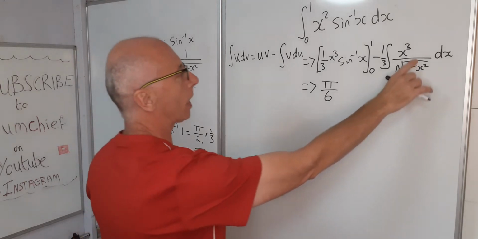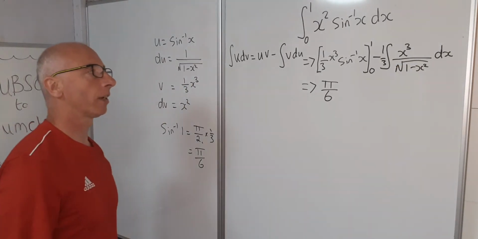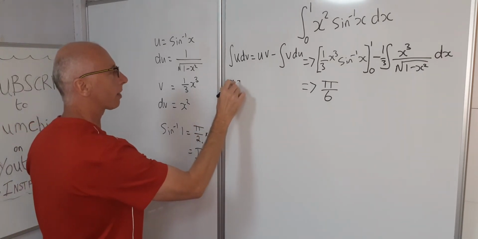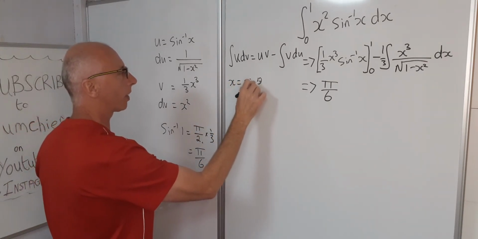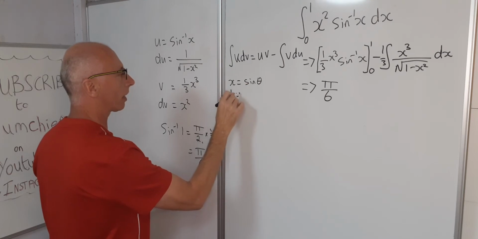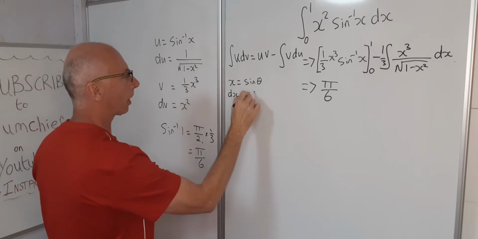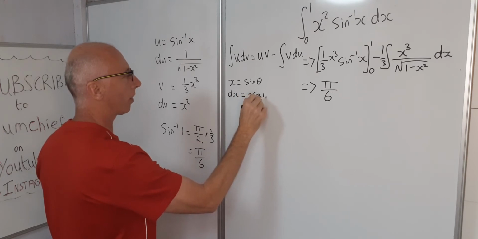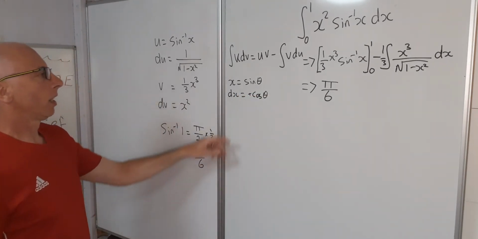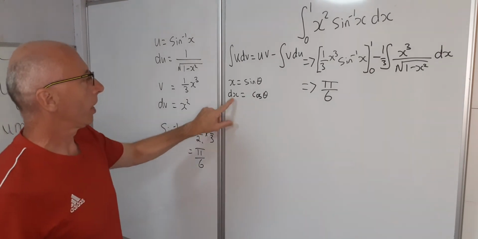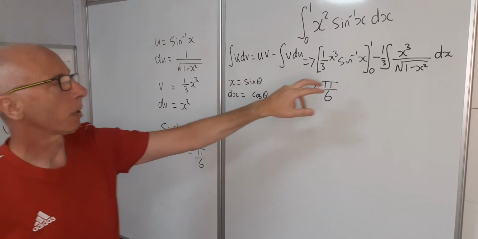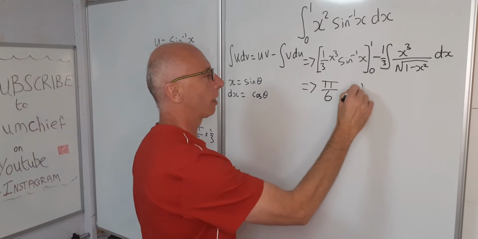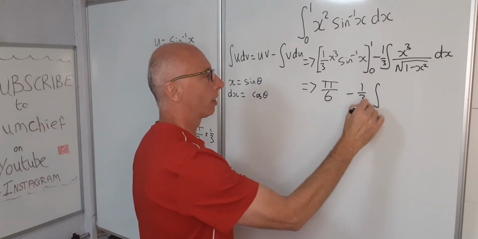So if we let x equal sine theta, let's put that down here, x equals sine theta, dx equals cosine theta. So we could put that substitution in straight away. So 1/3 times the integral.